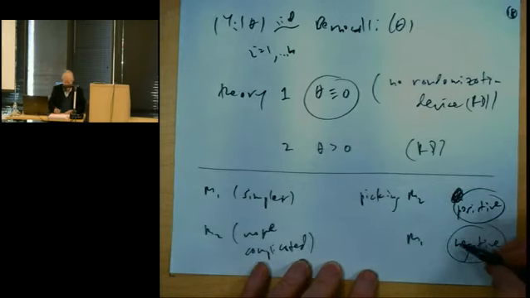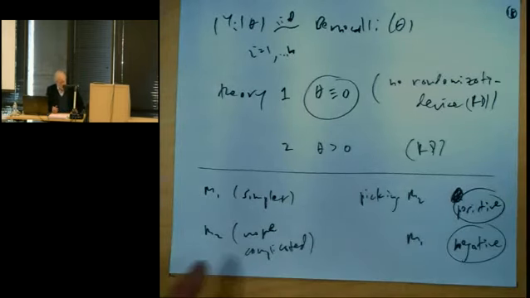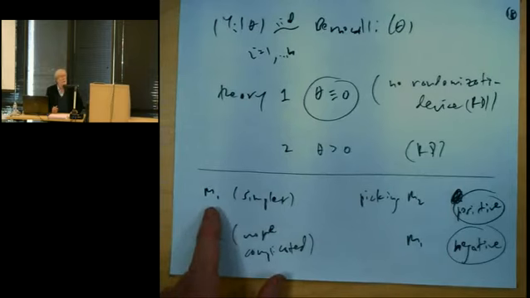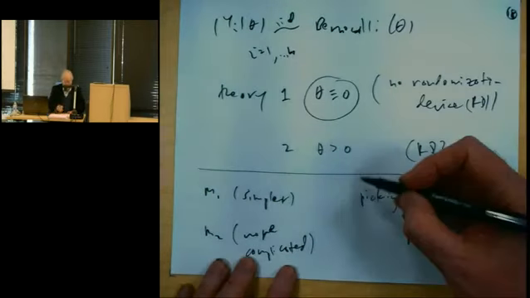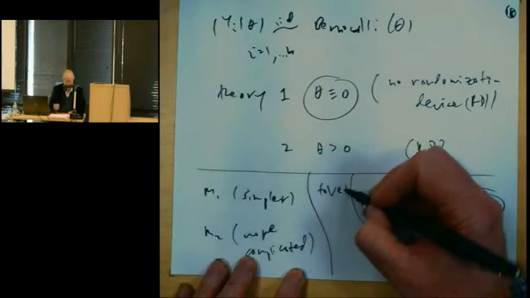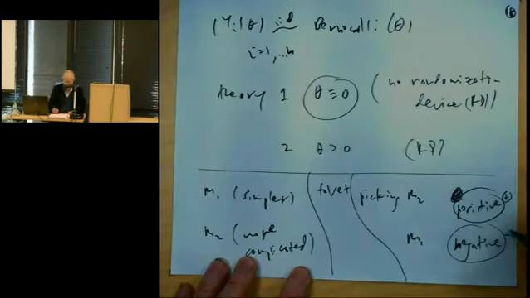Let's just agree to that terminology. Then a false positive is favoring model 2 when you should have favored model 1. And a false negative is the opposite, favoring model 1 when you should have favored model 2. So everybody okay with that? False positive, positive for plus, negative for minus.